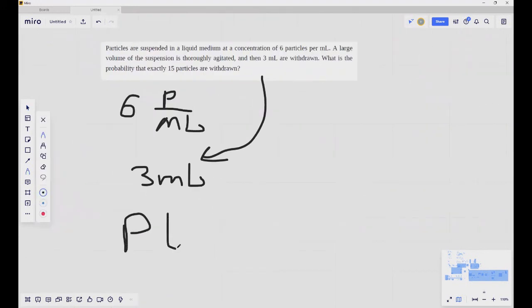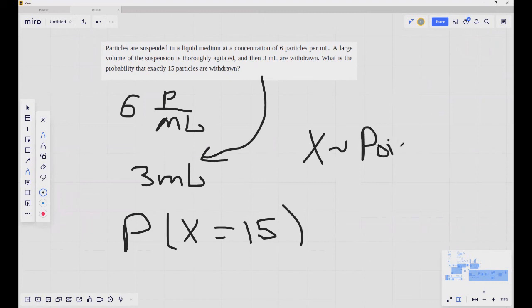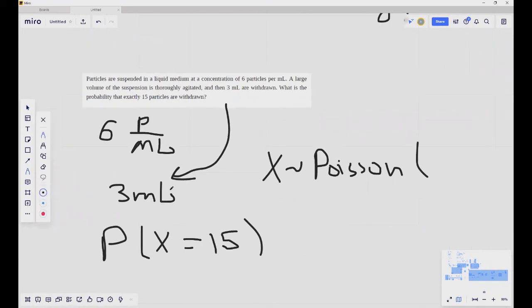So the probability that x is equal to 15 particles, where x follows a Poisson distribution with the parameter lambda, which in that case is going to be equal to 3 multiplied by 6. So there are 6 particles per milliliter. However, I am withdrawing 3 milliliters, and the number of particles that I should expect in that volume of liquid withdrawn is 18 particles. So my parameter lambda is equal to 18 in that case.